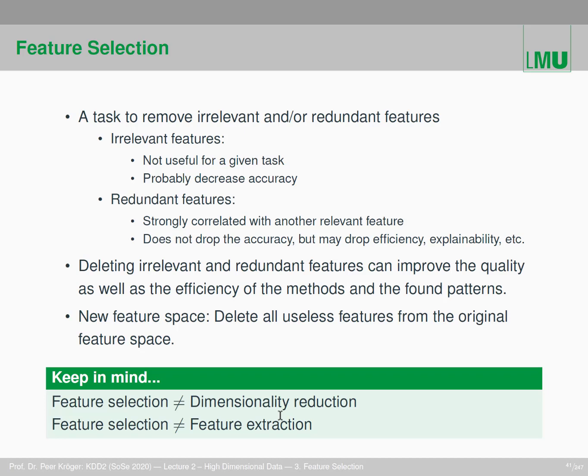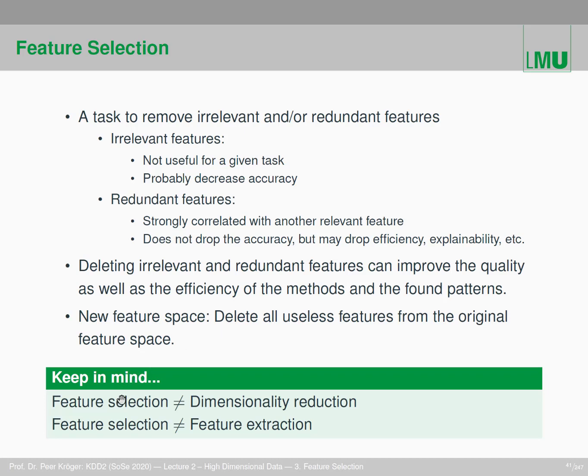So don't get confused. In this case, feature selection means that our new feature space just deletes all useless features from the original space. So feature selection is a kind of dimensionality reduction, but people usually don't use the term dimensionality reduction for just this one, where you just delete some features.